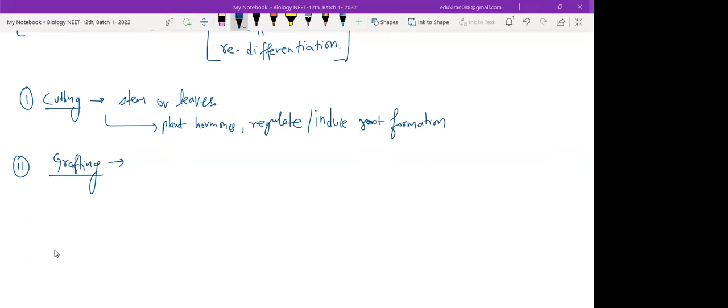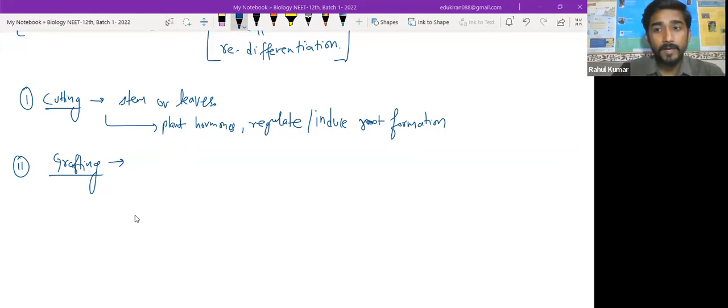Now, grafting is where we are cutting a part of a plant, but not putting it in soil, but putting it on another plant, grafting a tissue from one place to another. So let's say there are two plants. One plant has a very good flower system, which will eventually give good fruits.